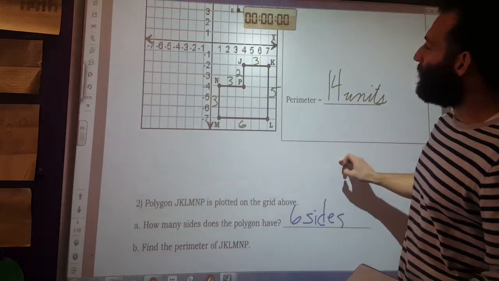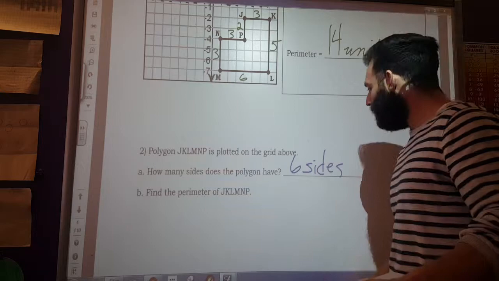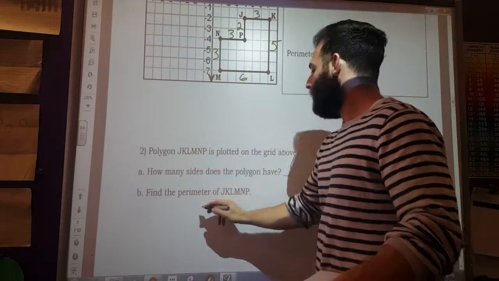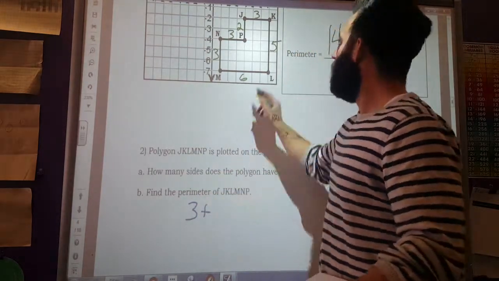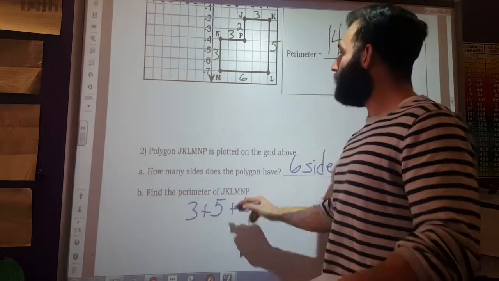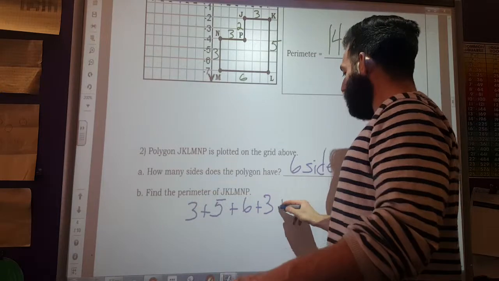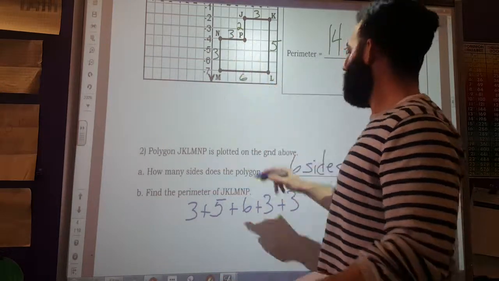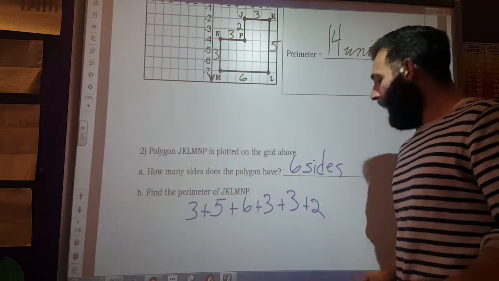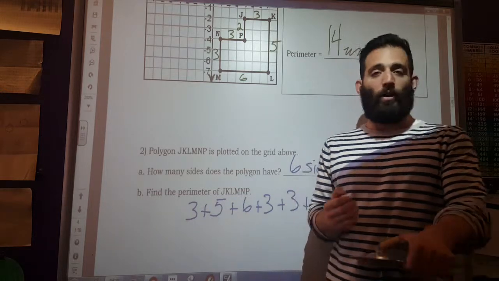So if I know that I have 6 sides and I need to have 6 numbers, I can go ahead and add those up. 3 plus 5 plus 6 plus 3 plus 3 plus 2. And once you've added those up, you'll have your perimeter. Go ahead and do that now.